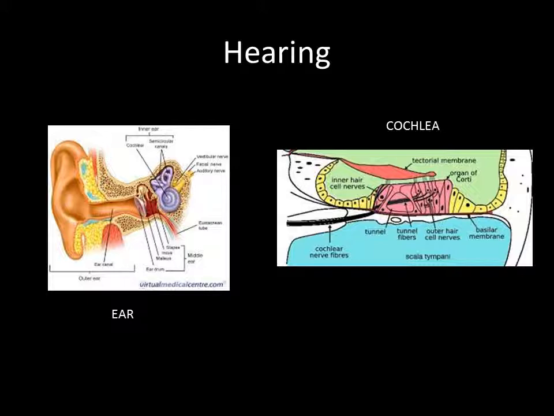But the main thing you need to know about the cochlea is that it's a closed system filled with fluid. The stapes pushes inward on what's called the oval window and causes a wave-like motion in the cochlea.